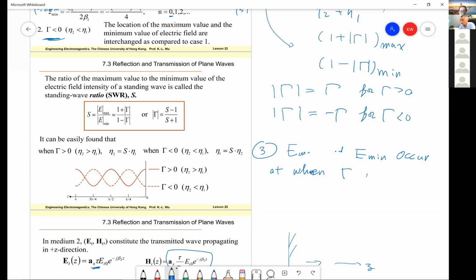One reflection coefficient is real. Okay, that happens, it is real. Why?